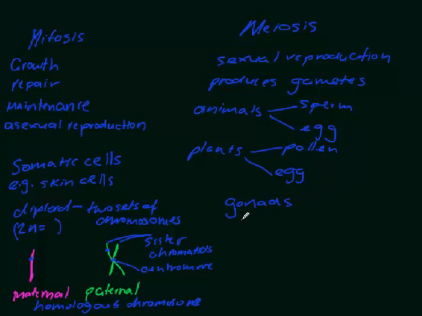So in animals again, that is the testes and ovaries, and in plants, it's the anther, which produces the pollen, and the ovule. Now the ovule is what will produce the seed. So the seed inside the fruit is from an ovule.